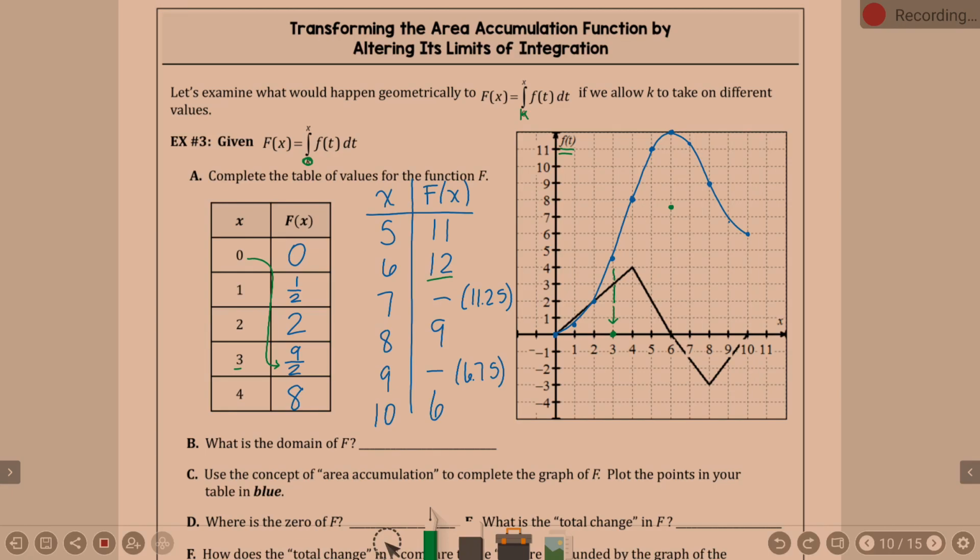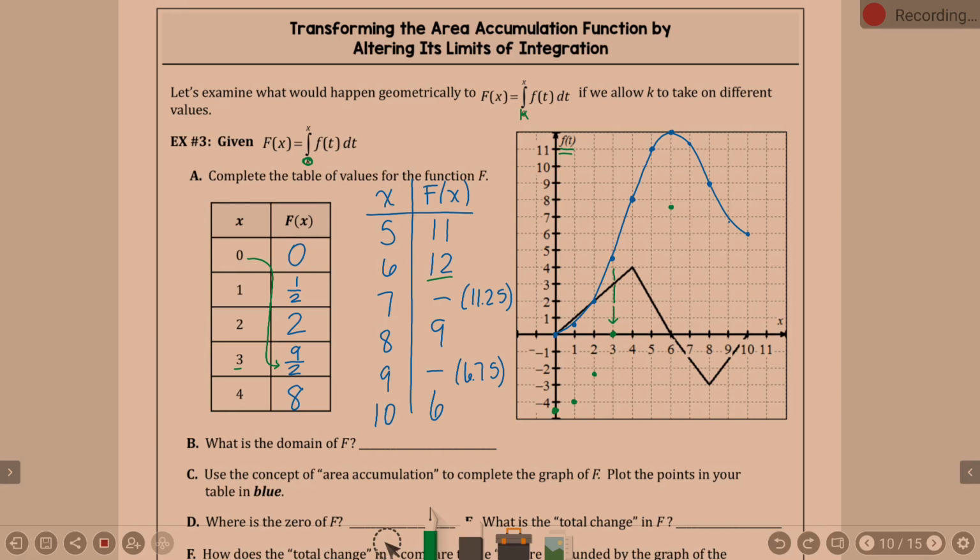So what was at 0, 0 is now going to be at 0, negative 4.5. What was at 1, 1/2 is going to be at 1, negative 4. What was at 2, 2 goes to negative 2.5, right?